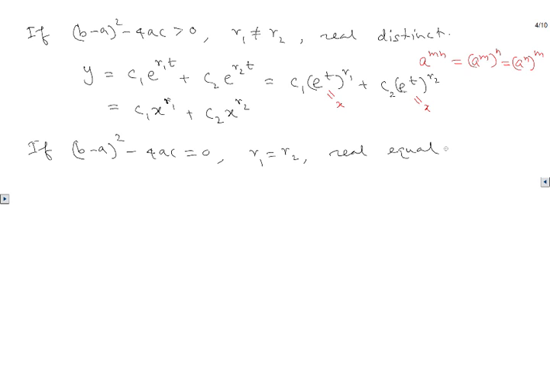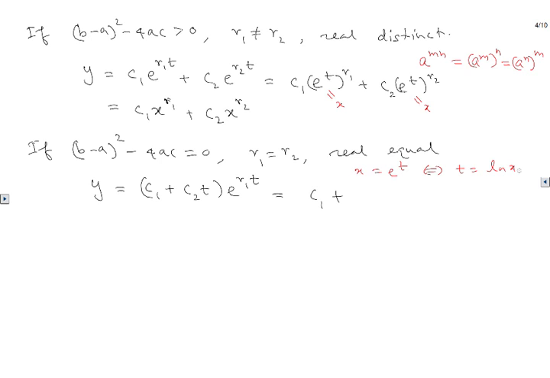We know how to solve real equal: the solution y is c1 plus c2 t times e to the r1 t. Now we know that x equals e to the t if and only if t equals ln x, because we assume that x is positive.